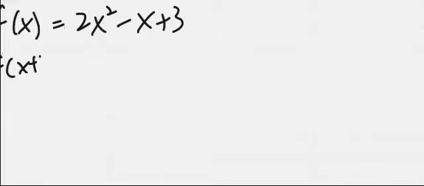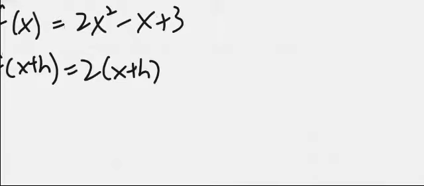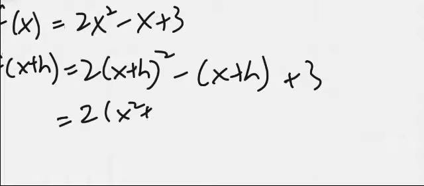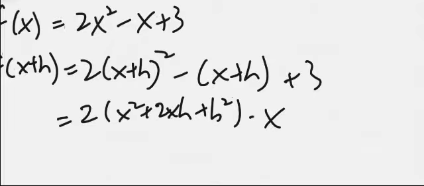So f of x plus h is equal to 2 times (x plus h) squared minus (x plus h), don't forget to put in the bracket, plus 3. And let's expand the equation. 2 times (x plus h) squared is 2x squared plus 4xh plus 2h squared, minus x, and minus h because negative times positive equals negative, plus 3.